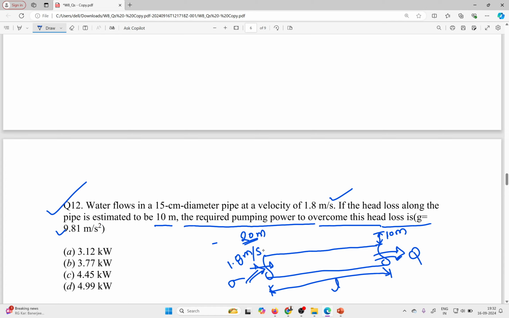Whatever the pressure head or the velocity at entering, if I change the velocity here, definitely the velocity will change. Velocity change means your discharge will change, because discharge is equal to area into velocity.